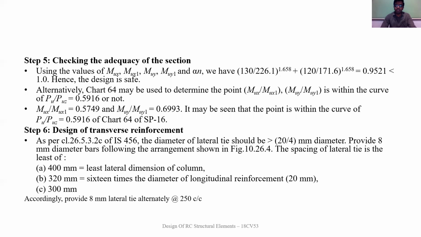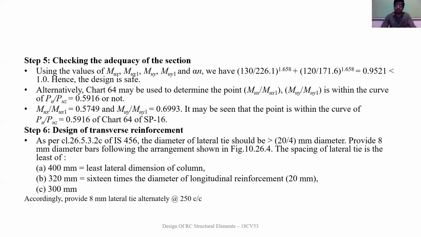We have the moment value and the moment carried by the section, both along X as well as along Y direction, and we have alpha n. Here we check this by Mux by Mux1 to the power alpha n plus Muy by Muy1 to the power alpha n, which needs to be less than 1 as described in SP16.